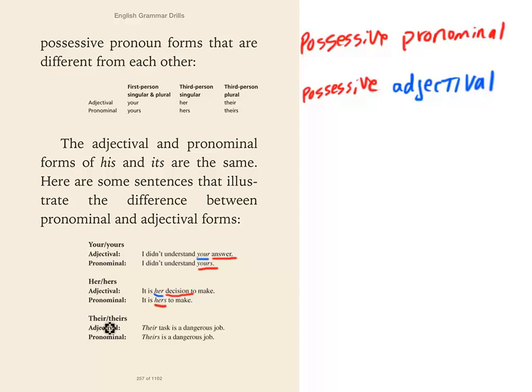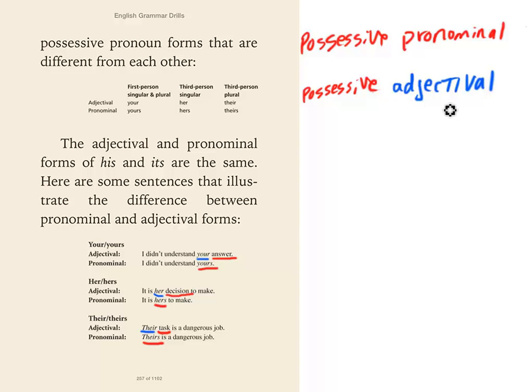Down here, their and theirs. Their what? Well, their task. Once again, their task. And then down here, theirs is a dangerous job. So that would be the possessive. So you can see down here the difference between the pronominal and the adjectival.